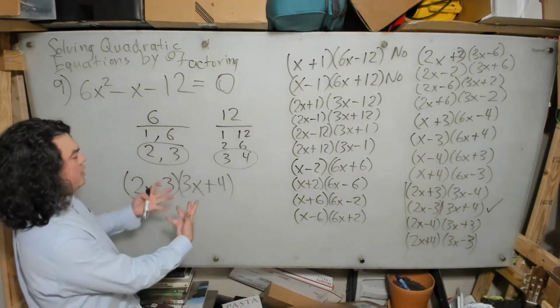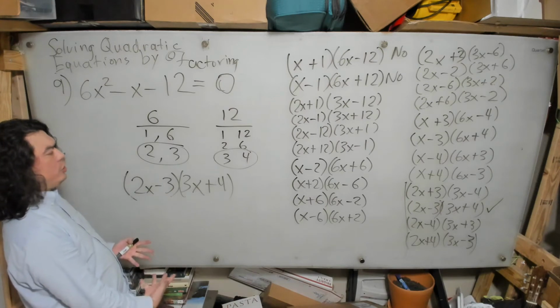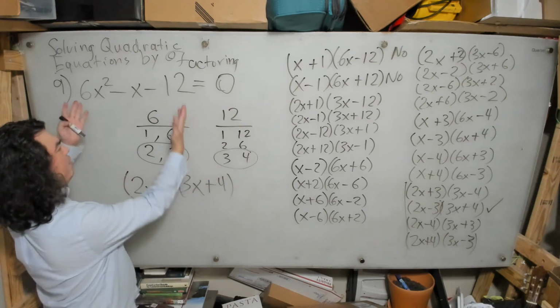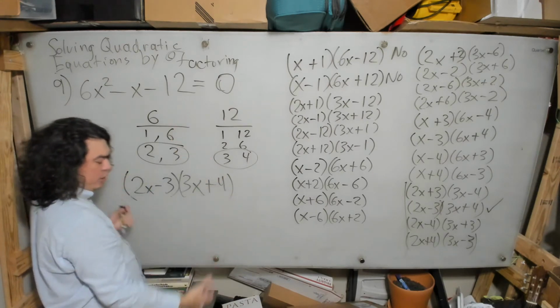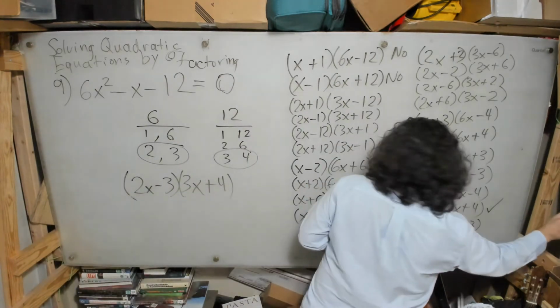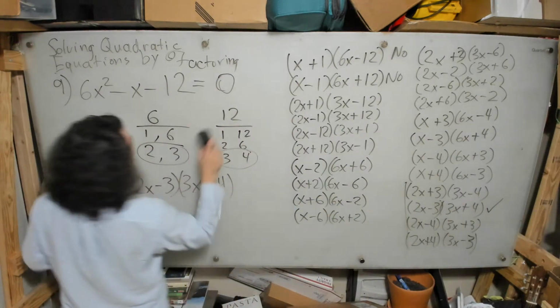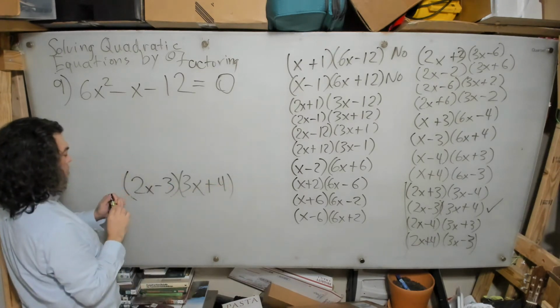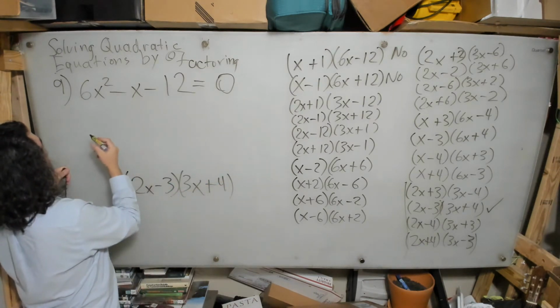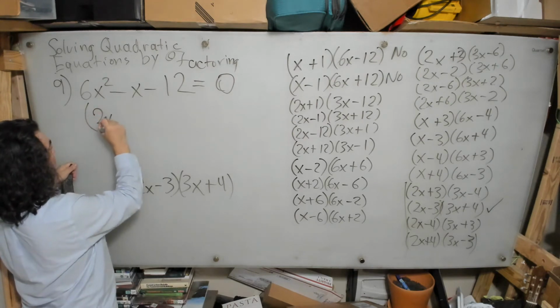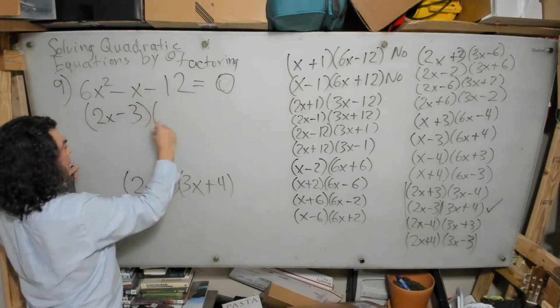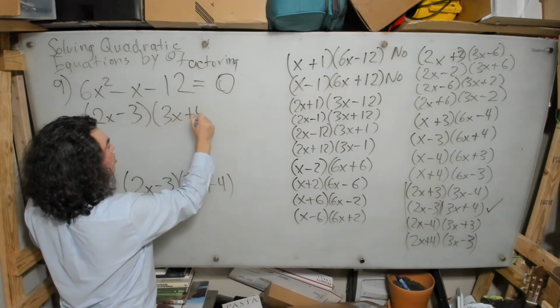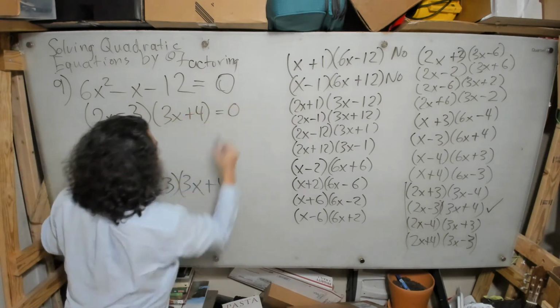But in the context we're looking at here, solving this equation, we can replace the left-hand side of this equation with this expression: 2x minus 3 times 3x plus 4 equals 0.